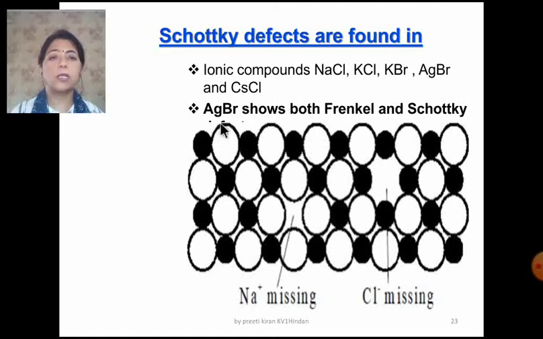Actually, the size of the silver ion is such that it can occupy the interstitial site also. So it shows the Frenkel defect and it shows the Schottky defect. And dear children, it is a frequently asked question to give an example which shows the Schottky defect as well as the Frenkel defect. So your answer will be AgBr.